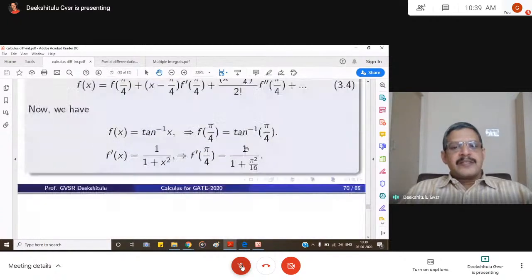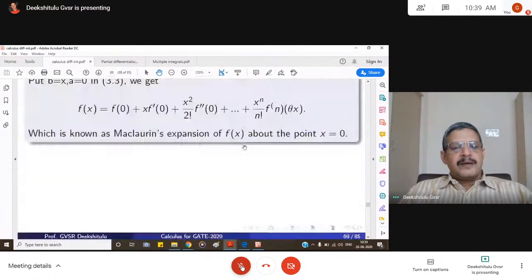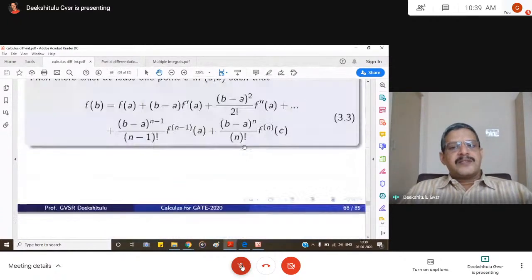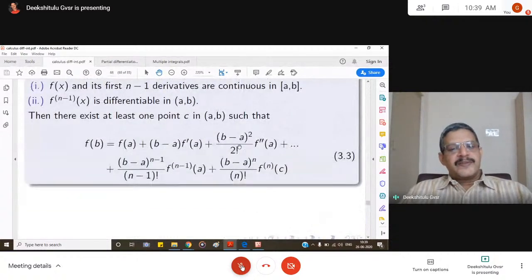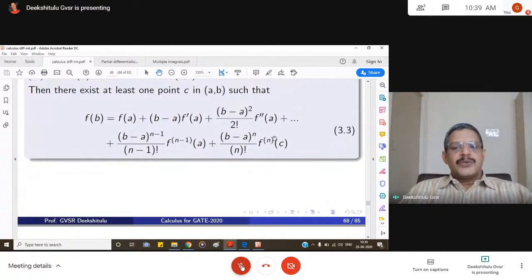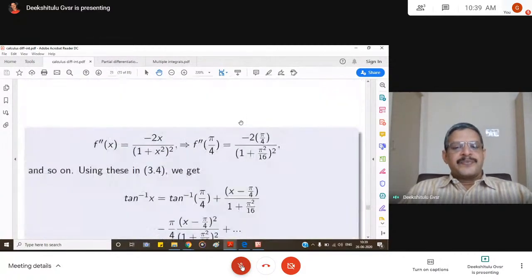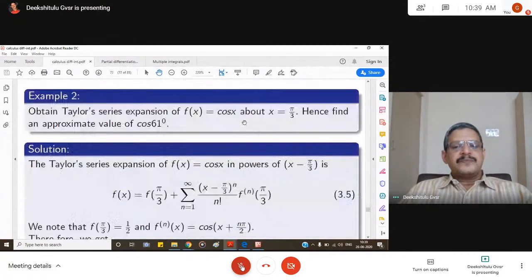So once again go back to the formula, Taylor's theorem. If you put b equal to x and a equal to pi by 3, that gives f of x equal to f of pi by 3 plus (x minus pi by 3) f dash pi by 3, and so on and so forth. This is what we do here, in the powers of x minus pi by 3, so f of pi by 3.